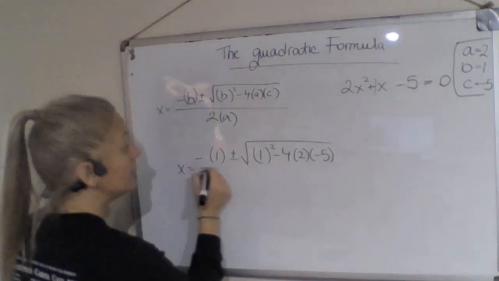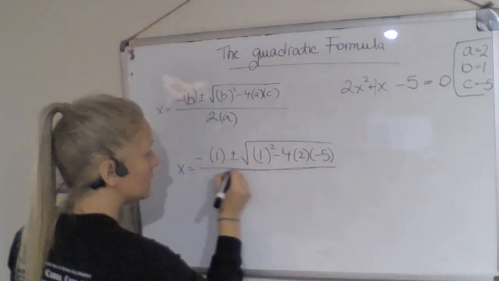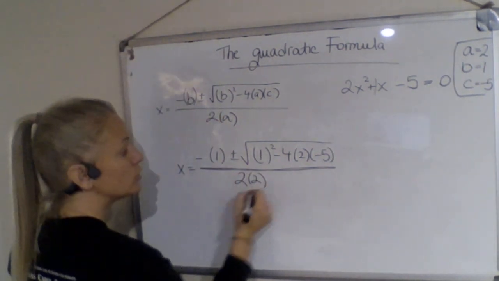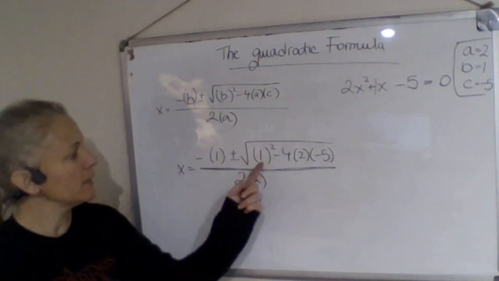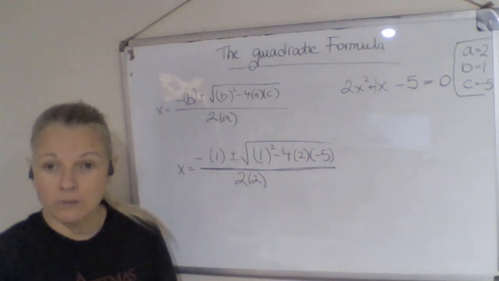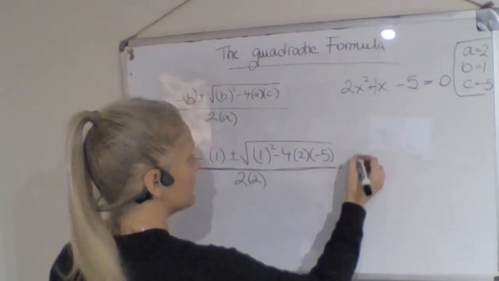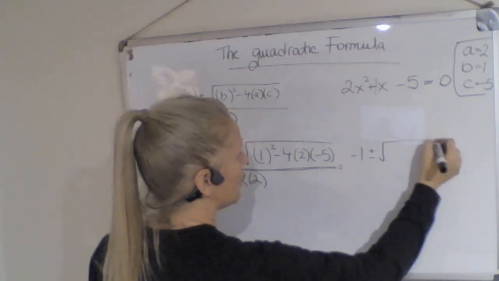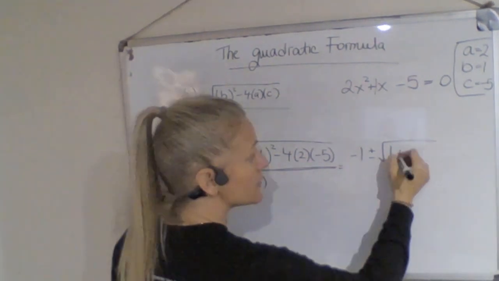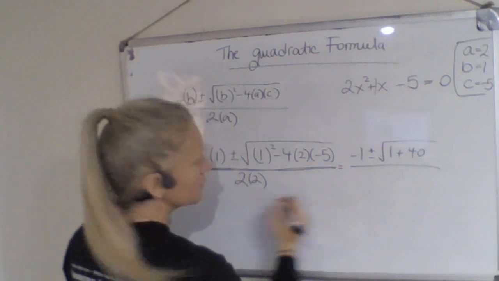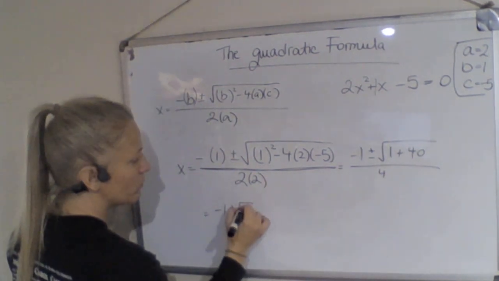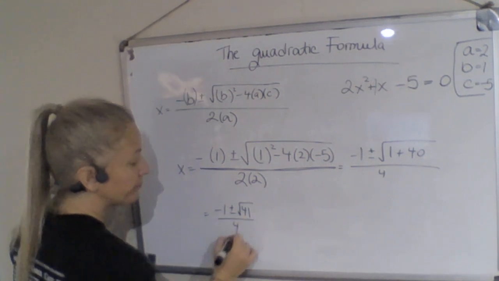And all of it, please, last year we had trouble with this, if you did math with me, all of it gets divided by 2 times 2. 2 times a, okay? b, b, a, c, a, right? And this is just regular math. You can do this using a calculator easily. This becomes -1 plus or minus square root of 1, this is -8 times -5, gives me a positive 40, all over 2 times 2, which is 4. This becomes -1 plus or minus square root of 41 over 4.